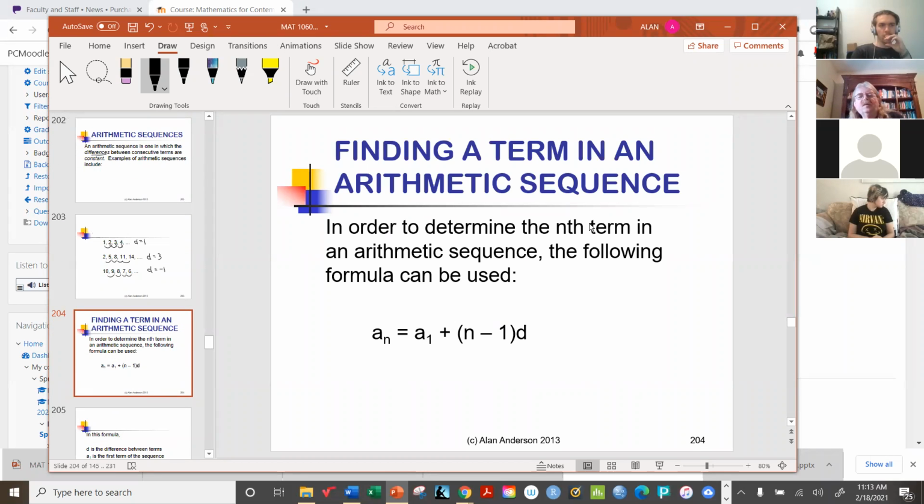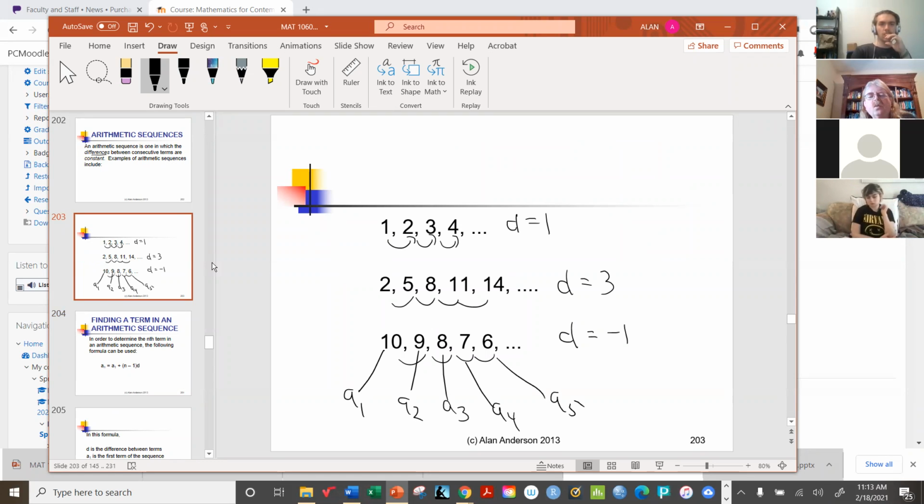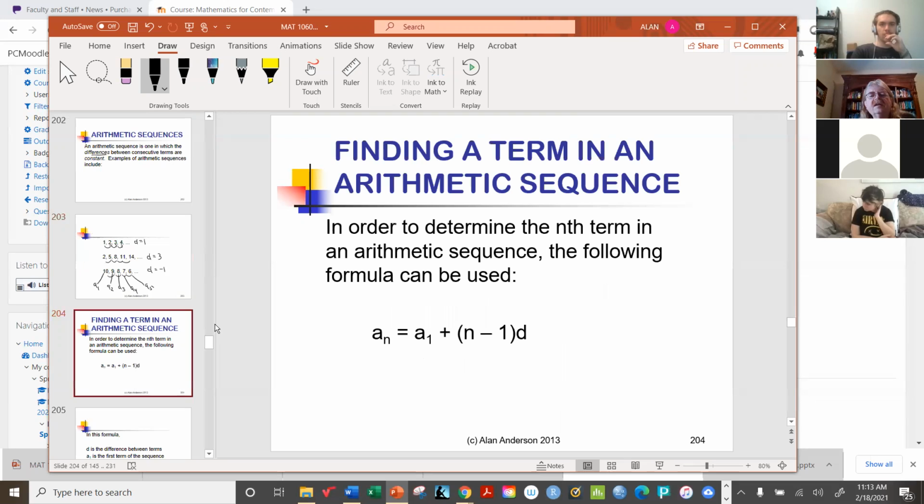Here we go. Here's the formula. Now, remember, each term in a sequence is identified as A. Like here, for example, this is A1, this is A2, this is A3, A4, A5. That tells me what term I'm looking at. So the A has a subscript, whatever number it happens to be, that tells me which term it is. So this is the first term.